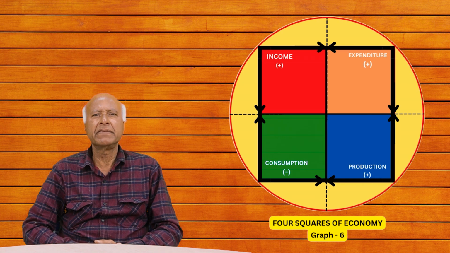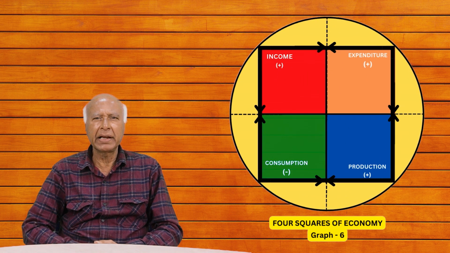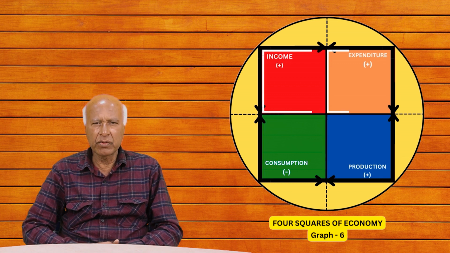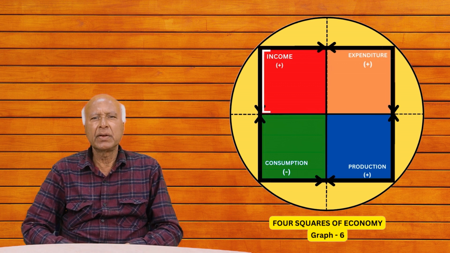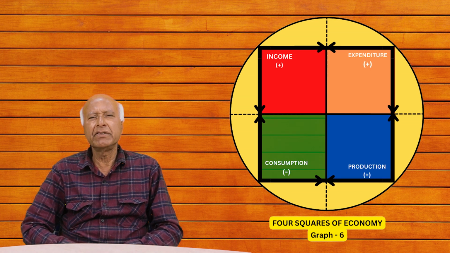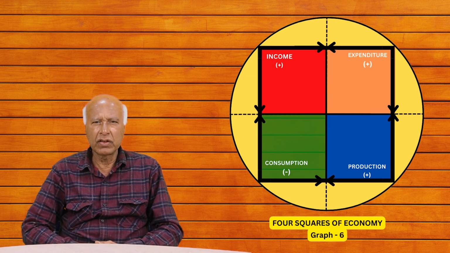In a perfect square, if we divide it in four parts, we will get four perfectly equal smaller squares. Each square will illustrate the relative strength of the four poles of economy.